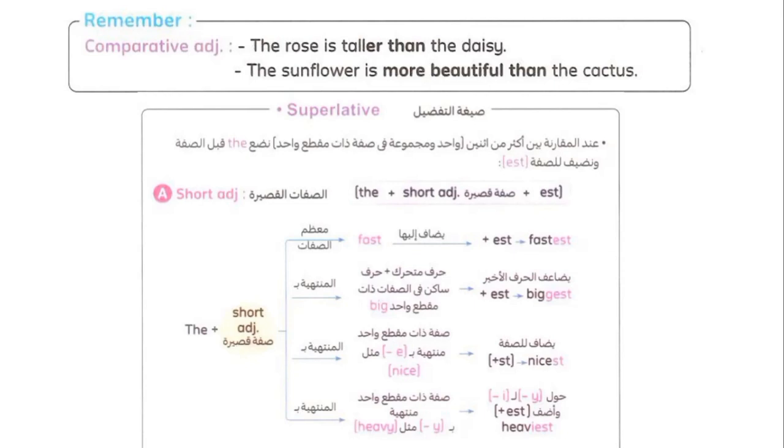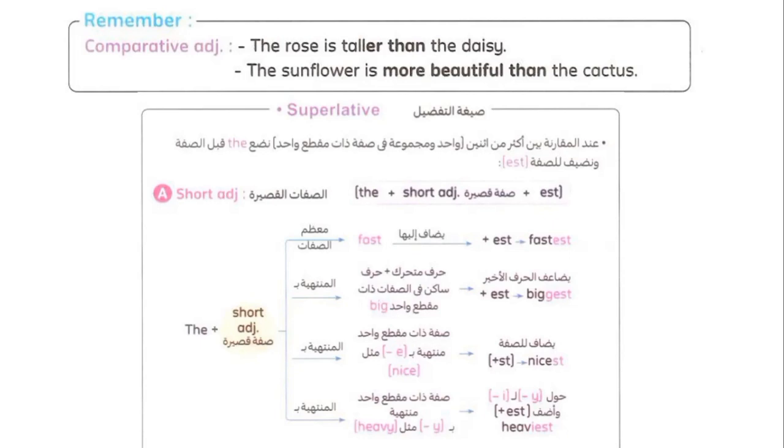If we have a short adjective, I mean a short word, I should add er to the adjective. For example, the rose is taller than the daisy.